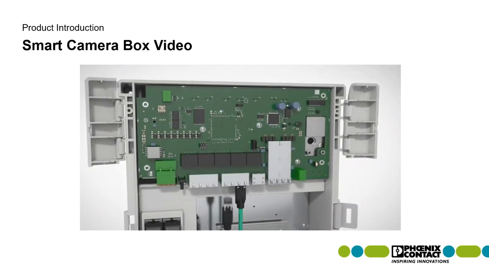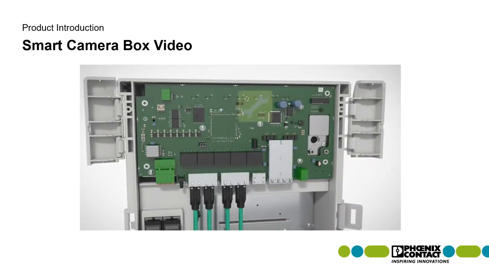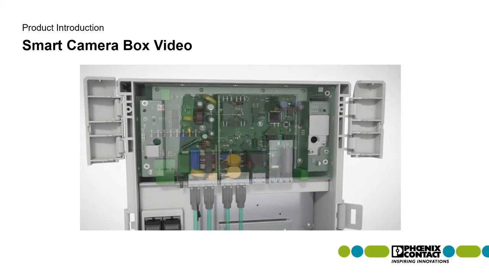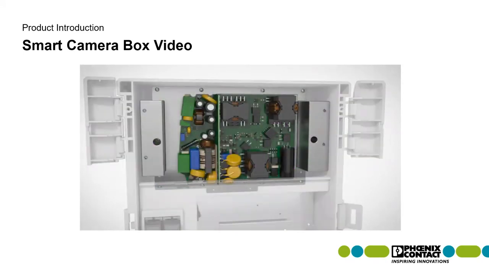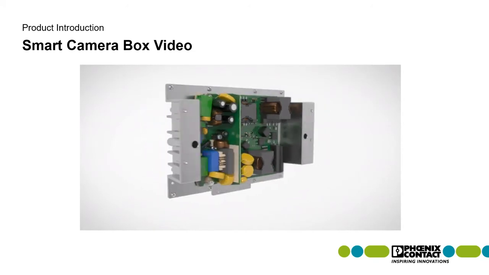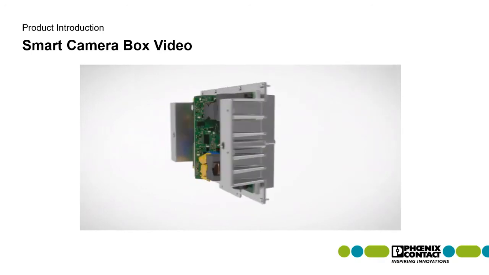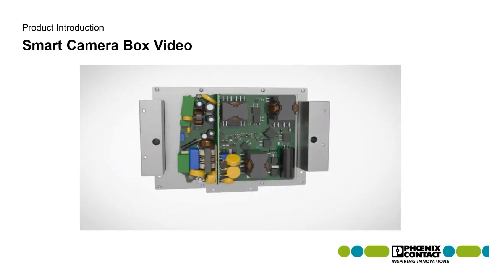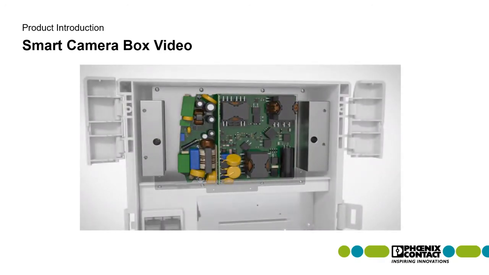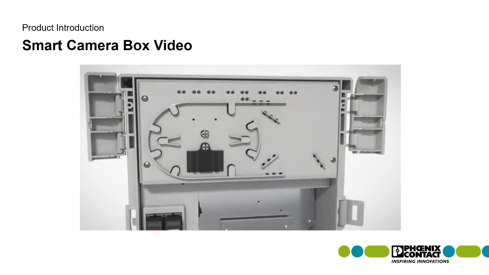The Power over Ethernet switch can power as many as 4 cameras and offers comprehensive management and diagnostic functions. The efficient power supply allows for the reliable and continuous use of cameras with high power requirements, even in extreme ambient conditions.